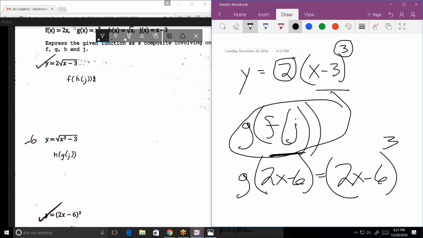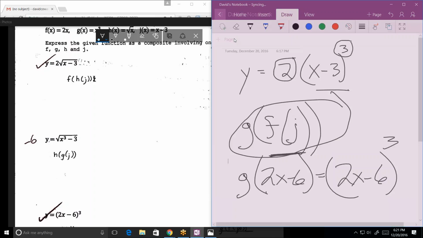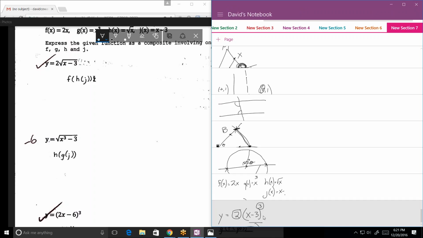In other words, g of j is x minus, well, this wasn't the right answer. I'm sorry. I'm looking at your answers thinking they were right, and we had to go back to see the right answer. Just a second.